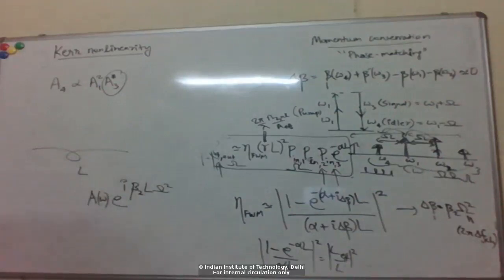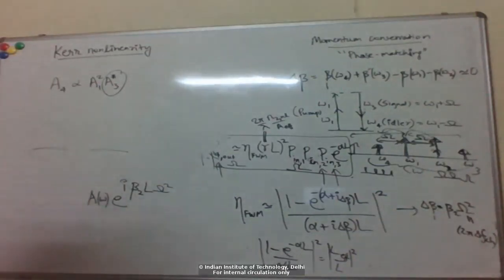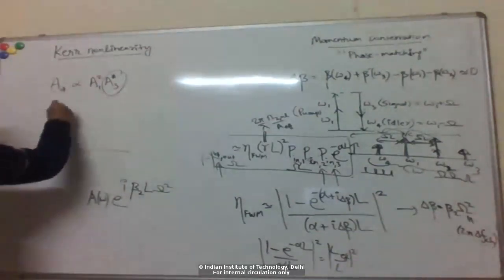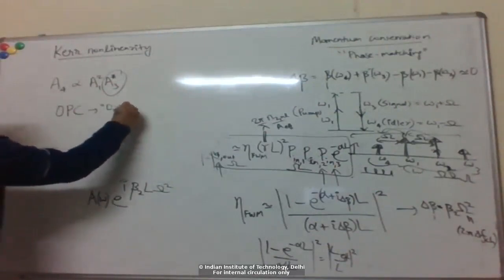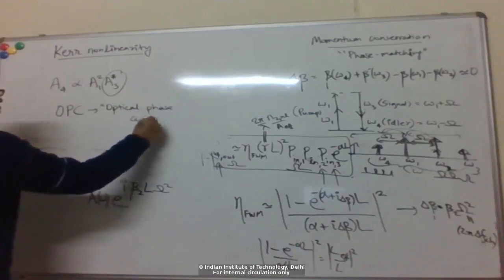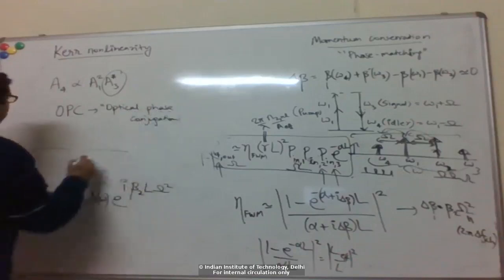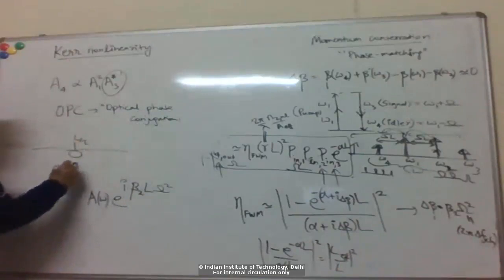One dispersion compensation technique is known as optical phase conjugation. What you do is, in the middle of the link, at L by 2, you do four-wave mixing.